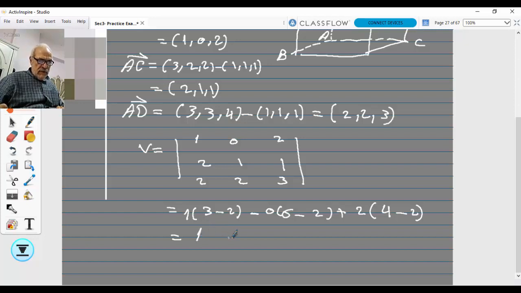So we have 1 minus 0 plus 4. Okay, equals 1 plus 4, it is 5. And always V equals the absolute value of the result, equals 5 cubic units.